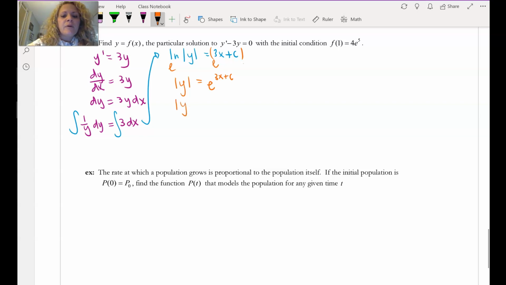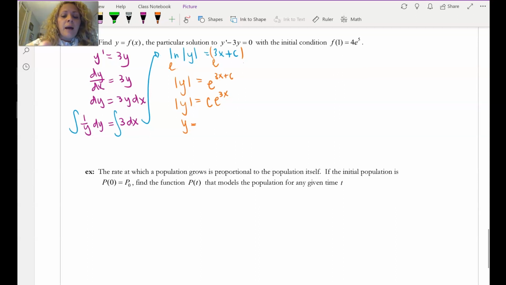Remember what we said before about those exponent rules, that when I have e to the 3x plus c, I could rewrite that as e to the 3x times e to the c, and e to the c is just some arbitrary constant c, since we don't know what c is. So I'm going to put the c out in front. Same thing we said when we get rid of the absolute value bars, technically this is plus or minus c times e to the 3x.